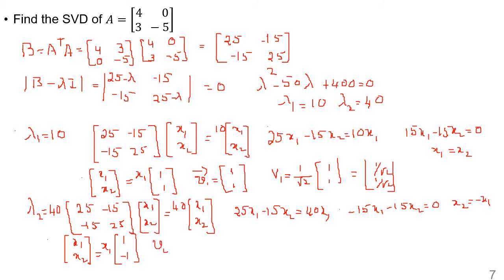So V2 eigenvector is 1, minus 1. Its unit vector is given by V2 is 1 divided by root 2 times 1, minus 1. That gives you 1 divided by root 2, minus 1 divided by root 2.